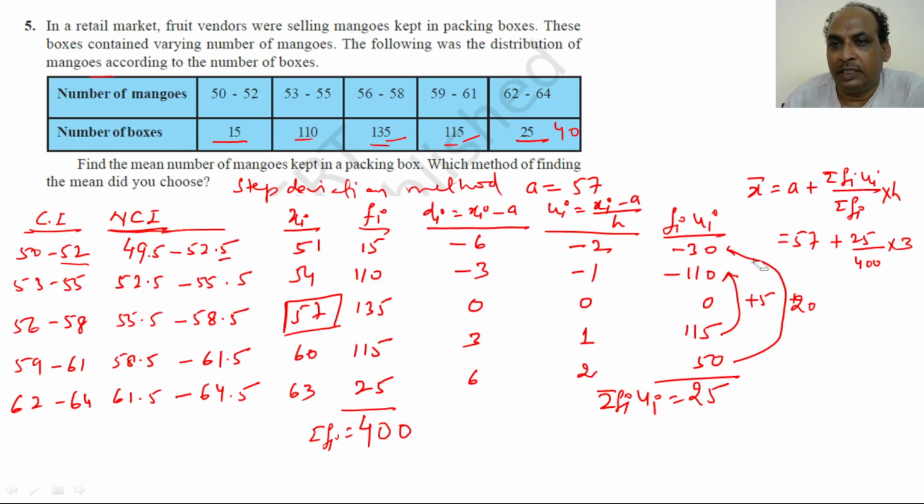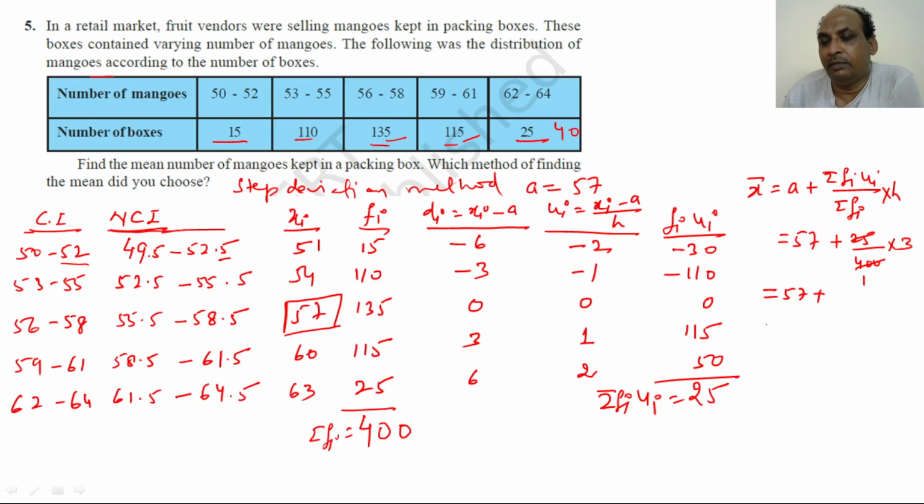Okay, let me remove this one, not required here. So 57 plus, now 25, with this 25 we can cancel. So 25 into 16 is 400, left with 15.